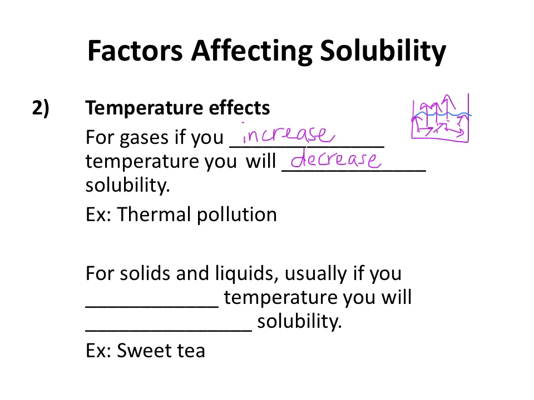So an example of this is thermal pollution. Let's say you have a lake with water in it, and fish swimming in the water. Remember that fish breathe oxygen that's dissolved in the water. So if there's oxygen dissolved in the water, let's make it purple, and a local power plant comes and dumps a whole bunch of hot water in the lake.